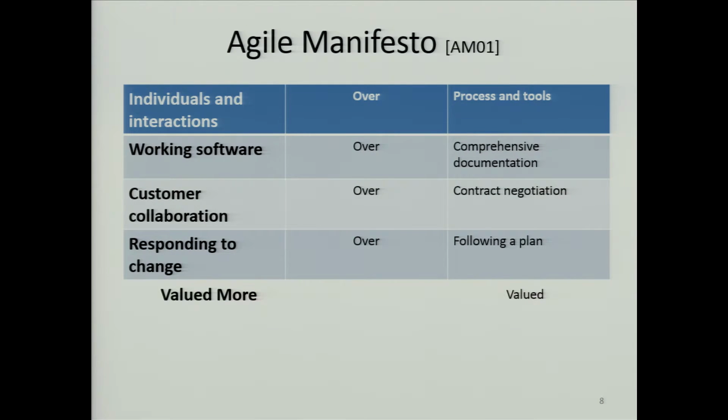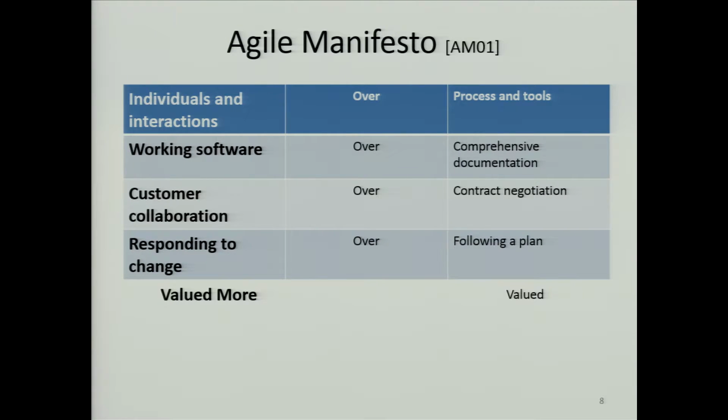This is extracted from what's called the Agile Manifesto, which was written around 2001, and that's kind of the basis of the Agile approach. So the things on the left are the things that are valued more.